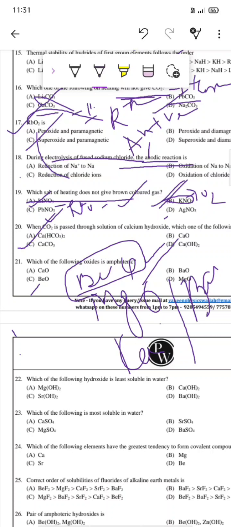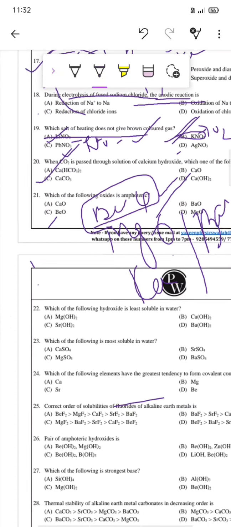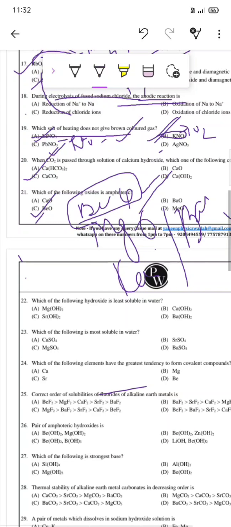That's why, in the case of oxides, barium oxide is basic, and the amphoteric one is beryllium oxide. I paused my recording and looked, and I found that it is beryllium oxide.